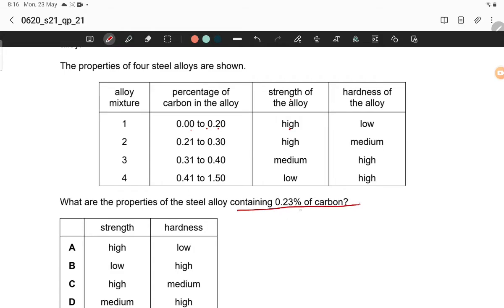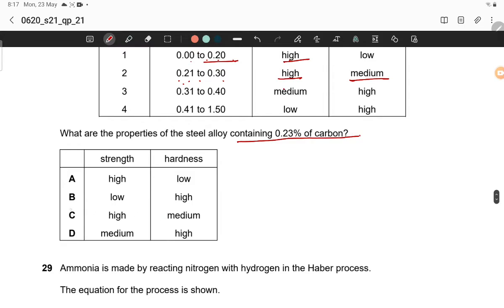What are the properties of a steel alloy containing 0.23% carbon? This is 0.20. This is high, and approximately between 0.21 and 0.23, this is high and medium. So high and medium is the correct option. High and low is not correct.